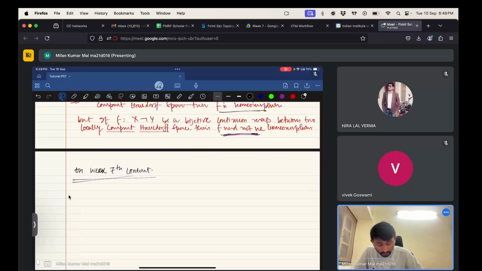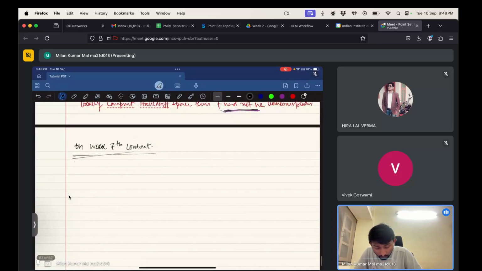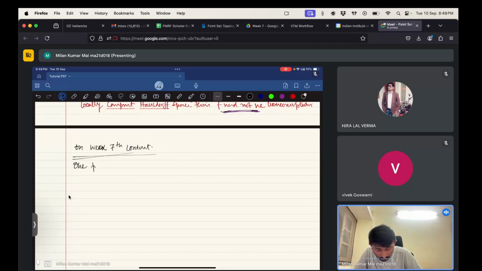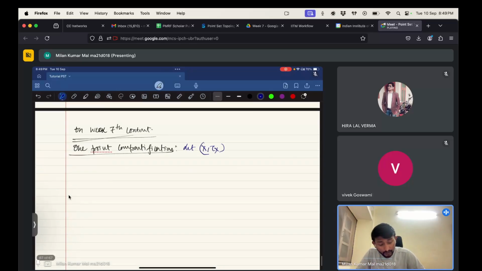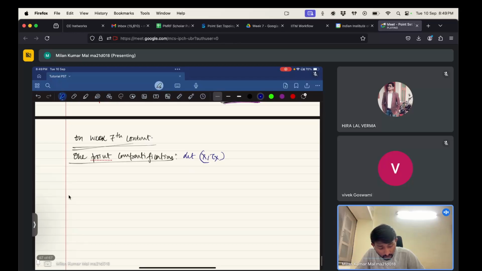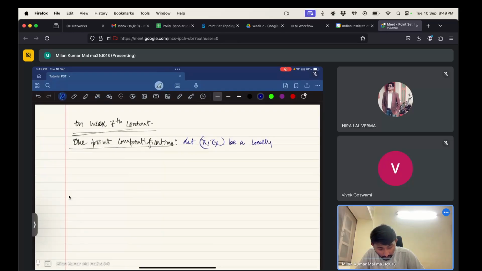So one point compactification says: let X be a locally compact topological space, but not compact.